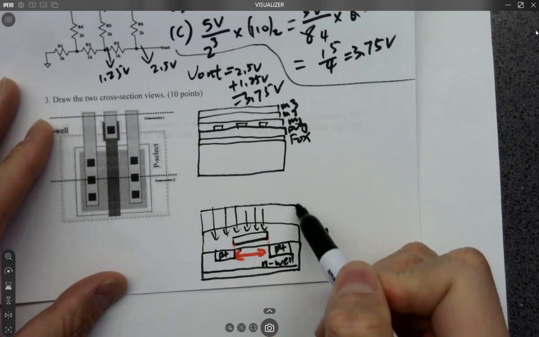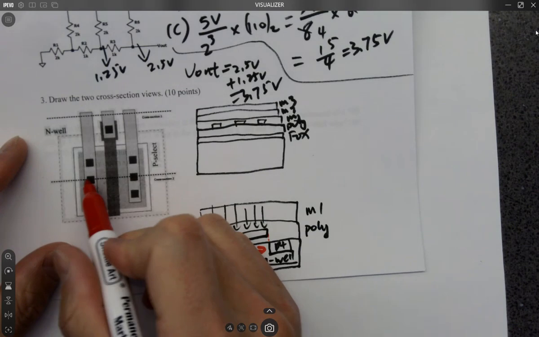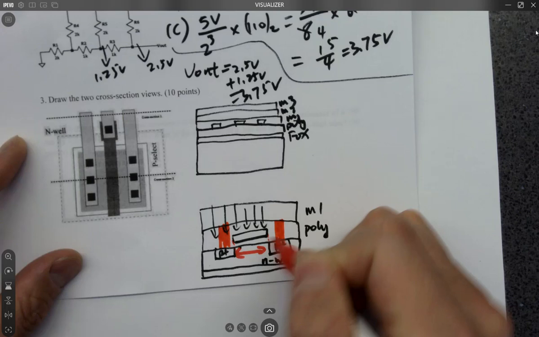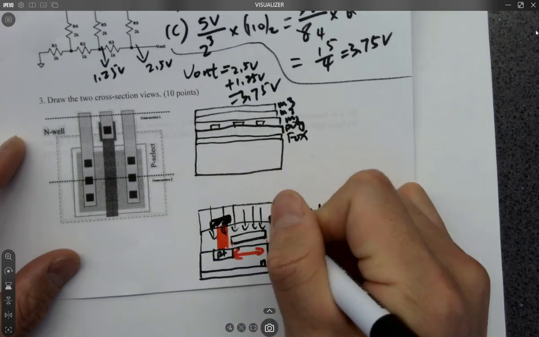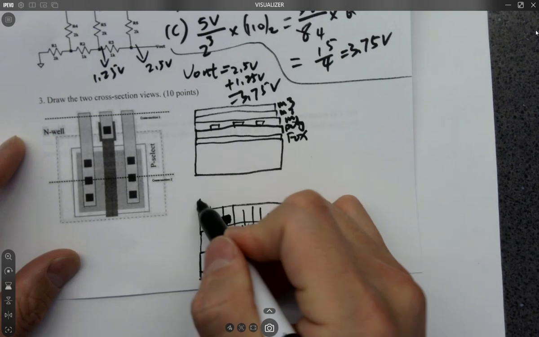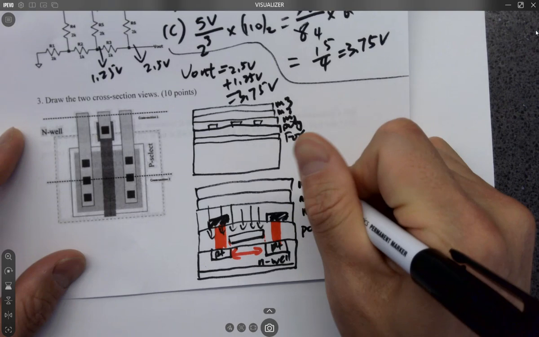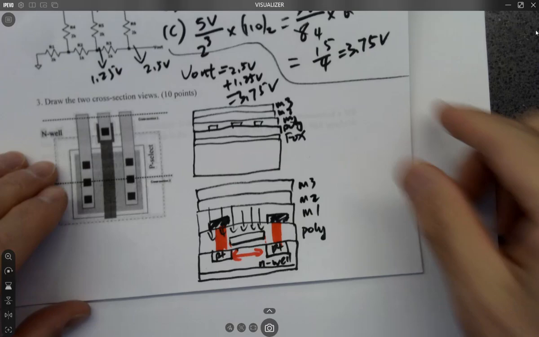And then metal 1. So for metal 1, there's a via. You can see there's the via. Metal 1, metal 2, metal 3. Okay, that's the answer to this question.